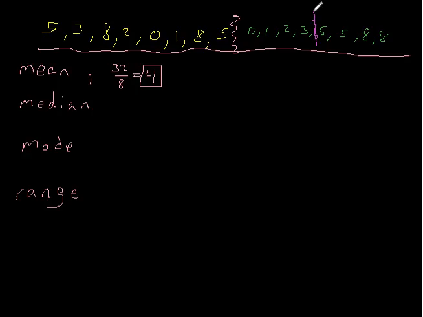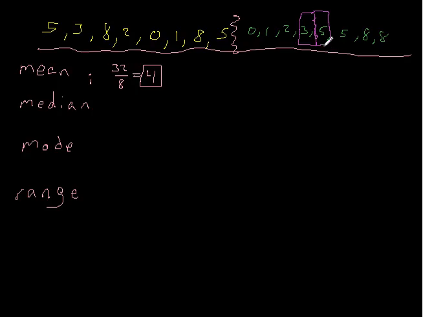But when there are an even number of values, what you end up doing is you take the 2 flanking values, or these 2 middle values. In this case, it's the 3 and the 5. And what I'm going to do with them is I'm going to take the mean of these 2 values. So what I'll do is I'll add the 3 and the 5 together and divide by 2.